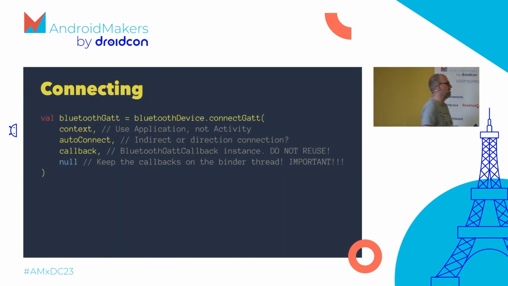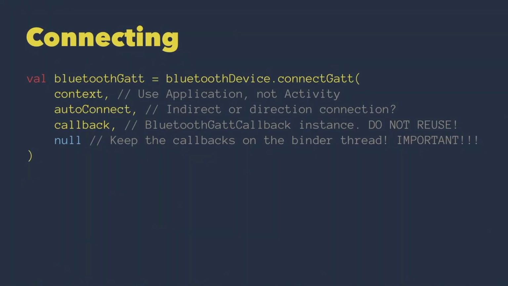Now, this is the famous method that many people get stuck on. Well, the context, of course, it should be an application, not activity. Autoconnect is badly named. The name should be indirect. That's better naming, because that's what it implies. If you have it set to true, it means that you allow the peripheral to connect to your phone.